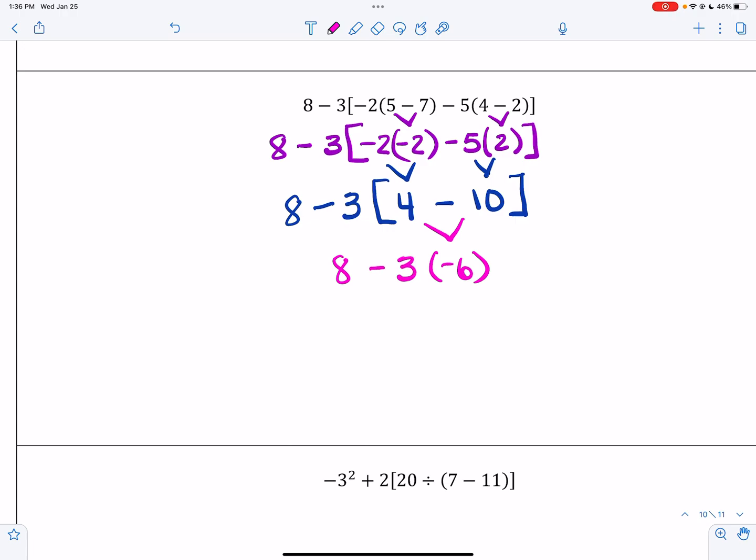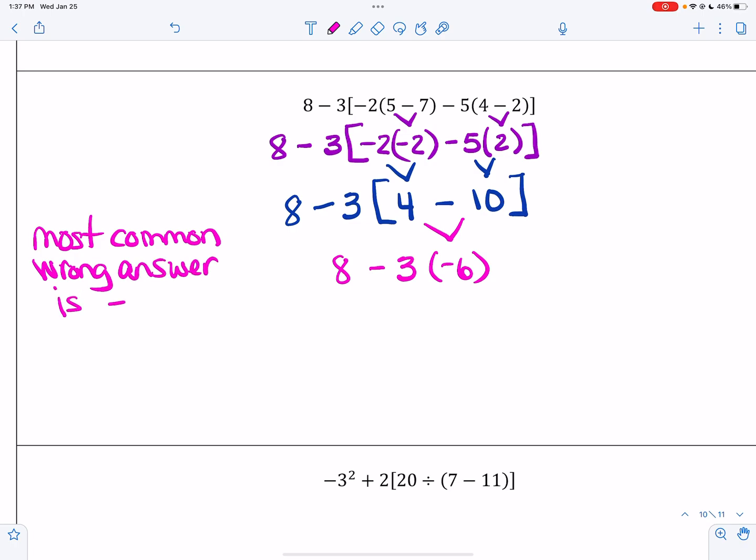And again, the most common wrong answer is negative 30. Somebody's going to take 8 minus 3 and get 5, and take 5 times negative 6 and get negative 30.